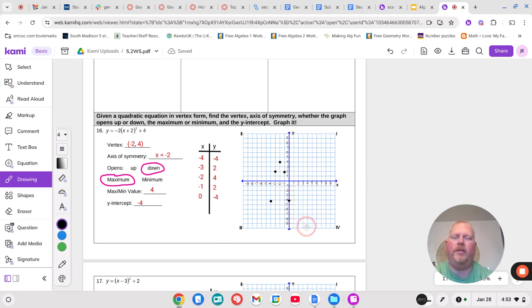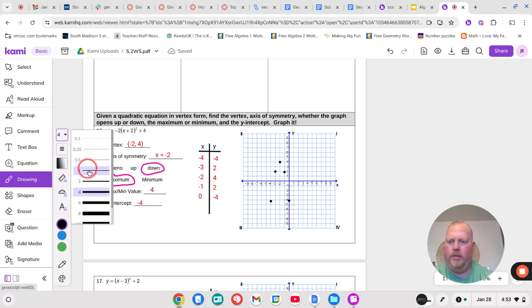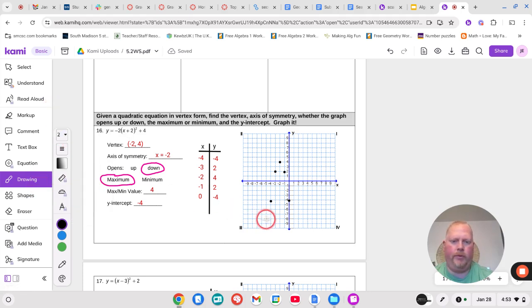And sure enough, those points look like it's an upside down U shape. So let me go ahead and connect those points. Let's pretend that's not ugly. But that's what my parabola is going to look like.